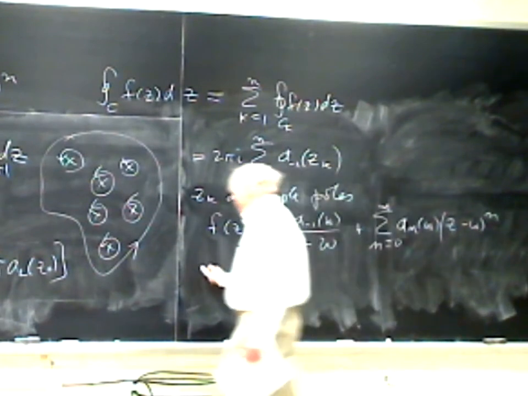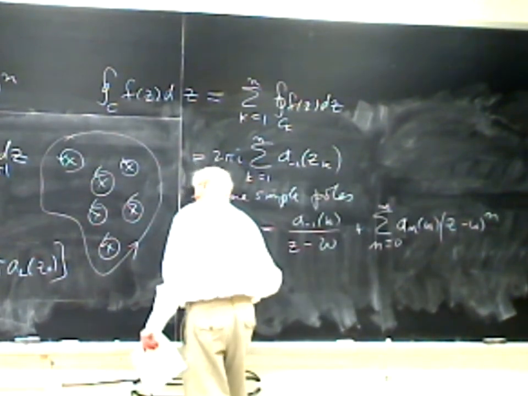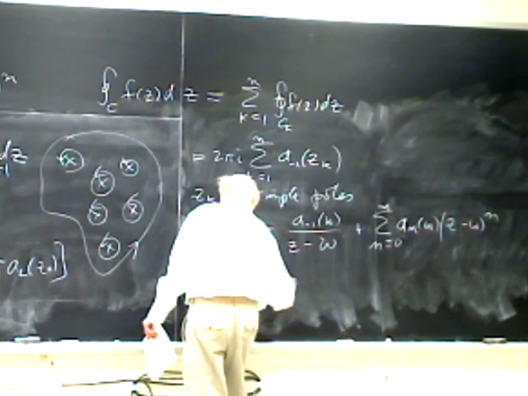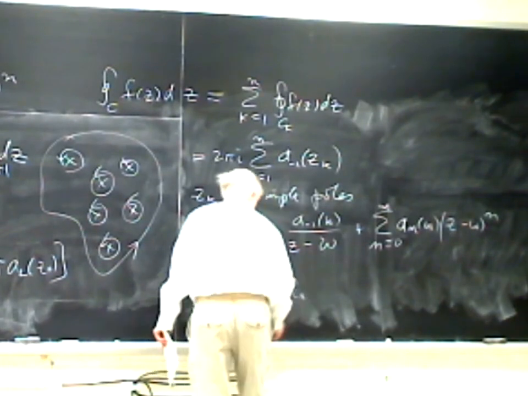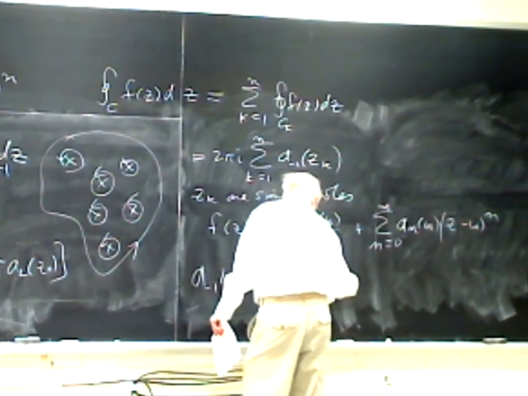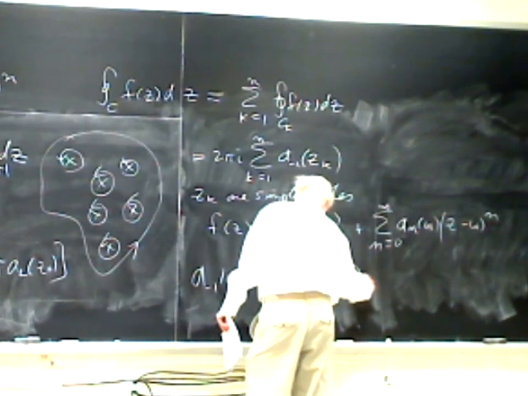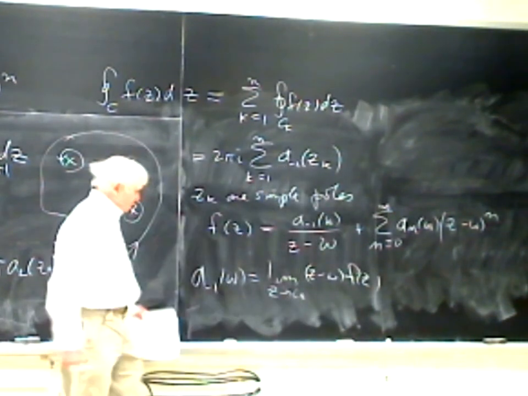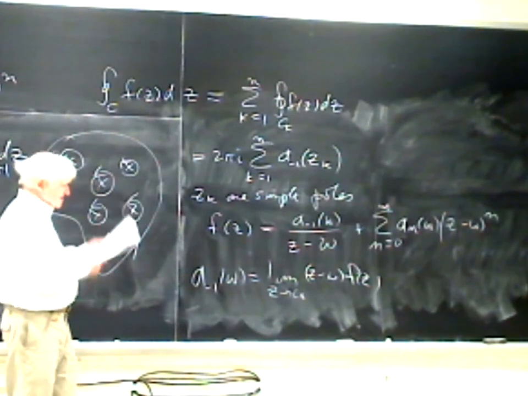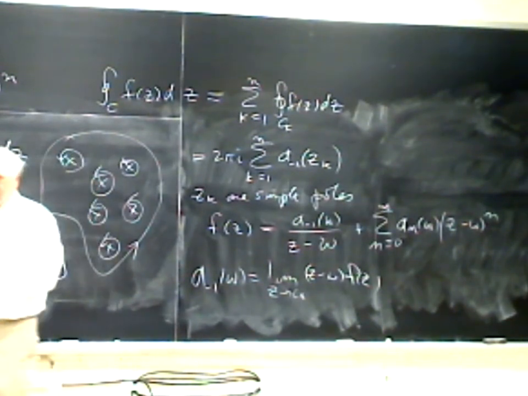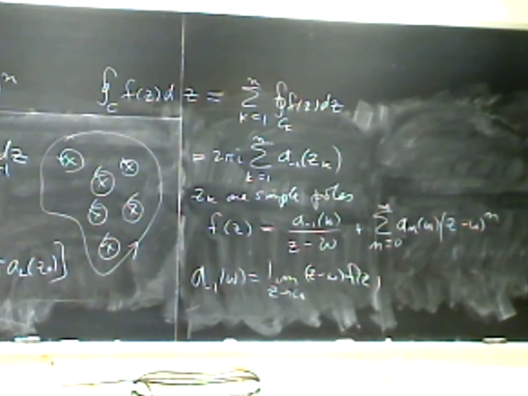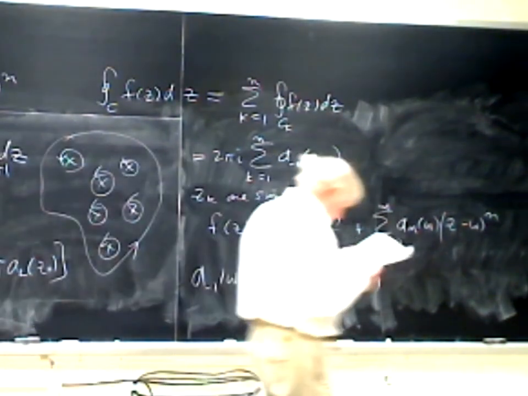Well then, a sub minus 1 of w is just the limit as z goes to w of z minus w times f of z. So you can compute the residue very easily in the case in which the singularities are all isolated simple poles. And if you had 1 over a polynomial, and the roots of the polynomial were all different, then you could use this trick on all the singularities.